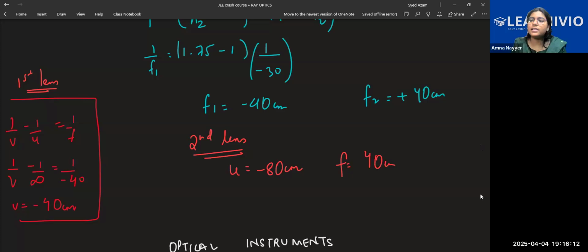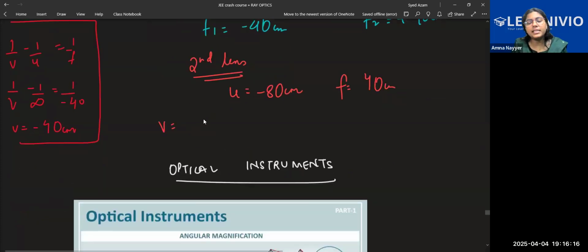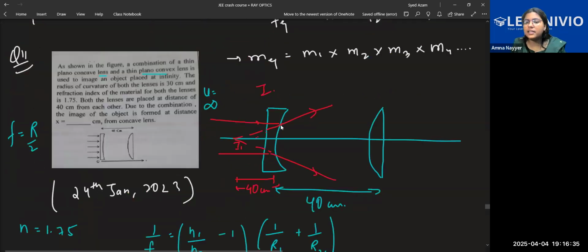So let's use the calculation: v will be minus 80 into 40 divided by minus 80 plus 40. Minus 80 plus 40, this will also come out to be 80 centimeter, but this is not my final answer. Now see, here this is acting as the object.